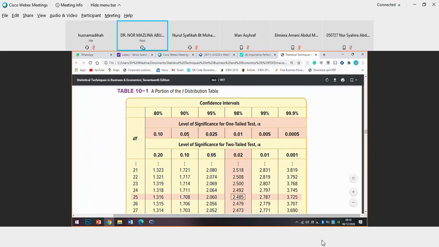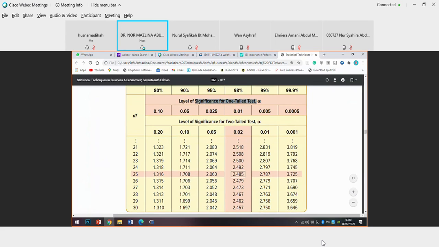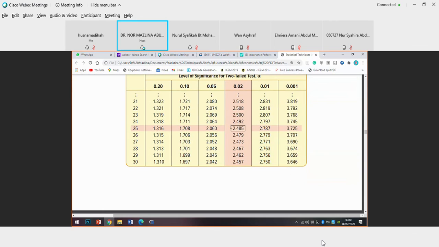So you refer to this table at the back of your book. Okay. One-tailed test 1%. Jadi awak tengok dekat 25 sebab ini adalah degree of freedom. Degree of freedom adalah 26 tolak 1 ataupun N tolak 1. Jadi dapat 25. So 2.485 is your critical value.